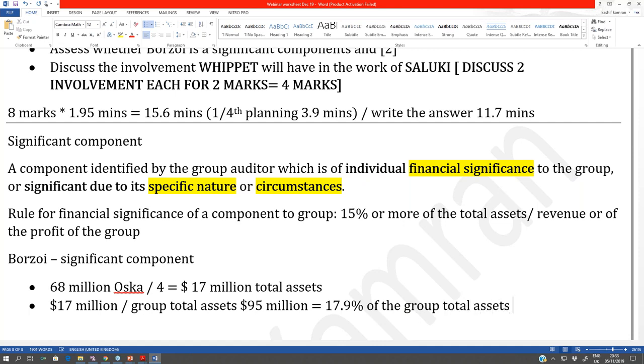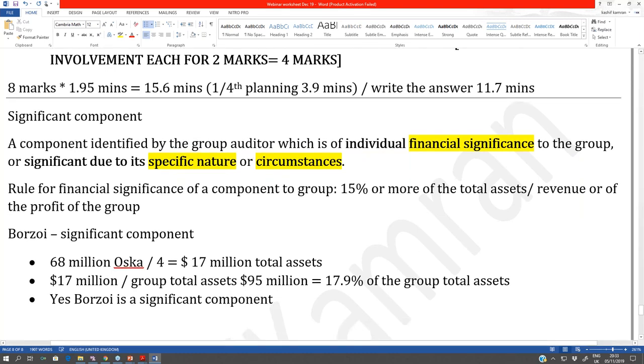So do you believe Borzoi is a significant component? Yes, Borzoi is a significant component. And did you find the calculation? If it is 15% or if it exceeds 15%, then automatically it becomes significant to the group, right?